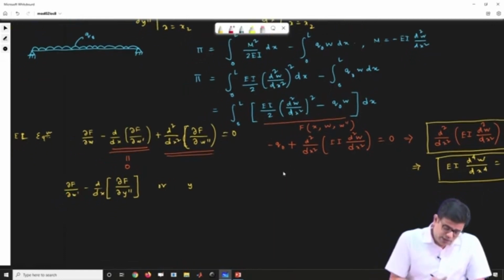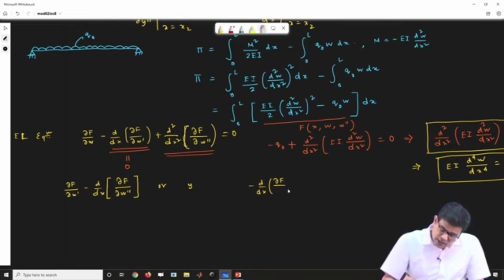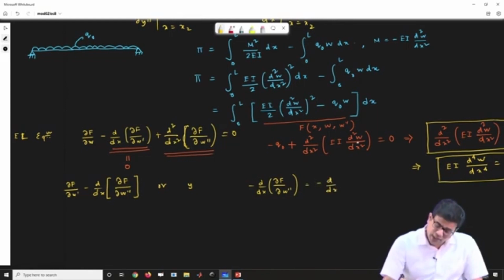So let us see what it means. d/dx of ∂f/∂w double prime is nothing but d/dx of EI d²w/dx².